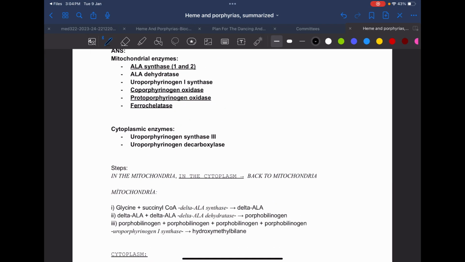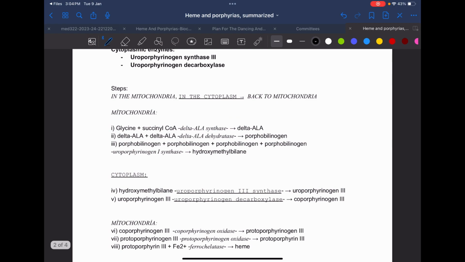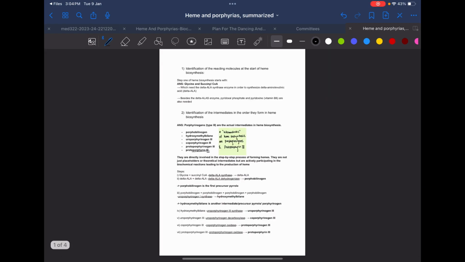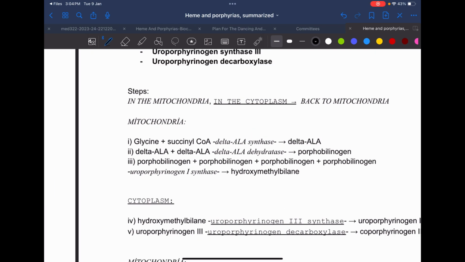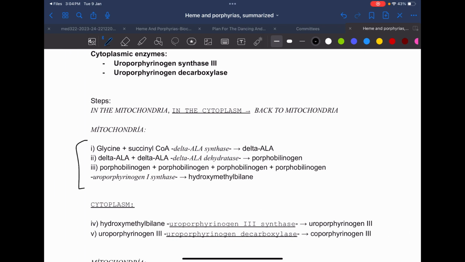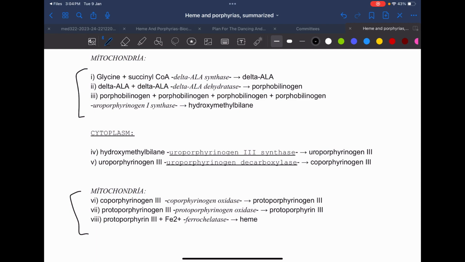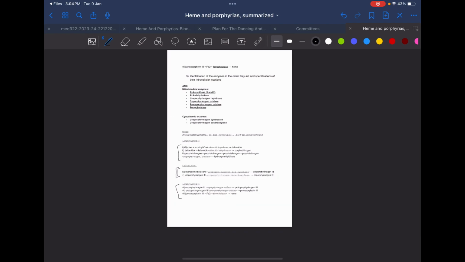Over here, I have the cytoplasmic enzymes, which are the uroporphyrinogen synthase 3 and uroporphyrinogen decarboxylase. And again, here I have the same exact steps that we went through, except the mitochondrial enzymes are sectioned here, and the cytoplasmic enzymes are sectioned here.